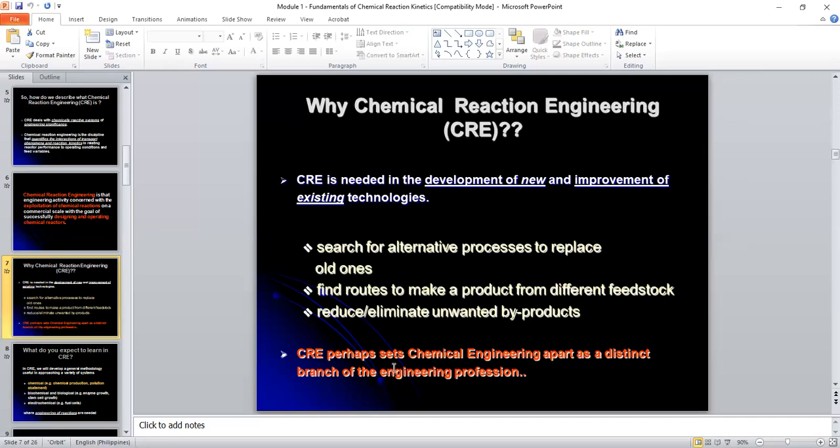So without CRE, you cannot be called a chemical engineer, because there's no chemical treatment step that will be processed or that will be designed to facilitate the or to make the desired material, whatever that material may be. So that's the thing that sets you apart from the other fields of engineering. That's chemical reaction engineering.